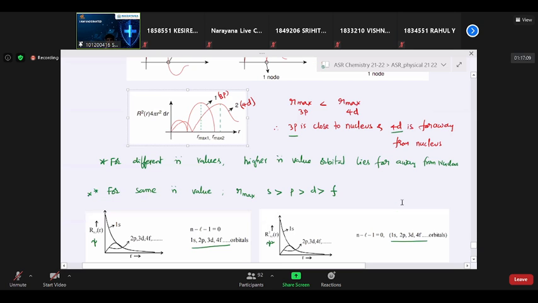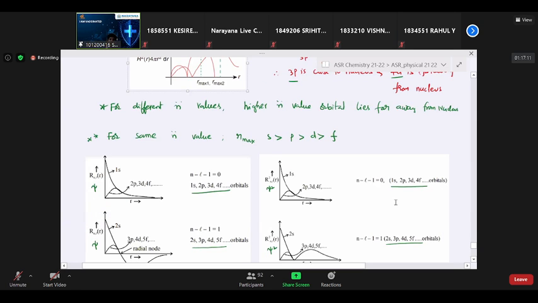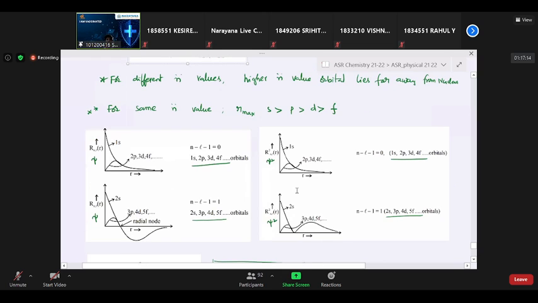I will give you that. And before that, till now, whatever we explained, I give the generalizations. So for s orbital, and then 2p or 3d or 4f similarly. For 2s, first it goes up and then positive to negative. So 3p, 4d, 5f. Then the psi versus distance graphs and psi square versus distance graphs.